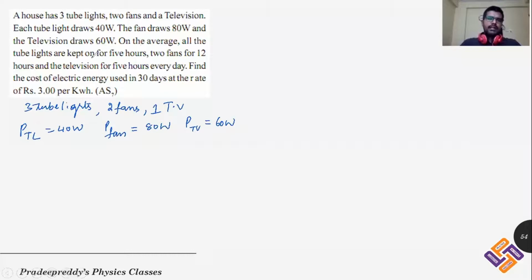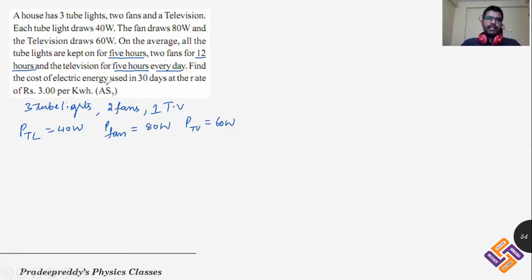On the average, tube lights are kept for 5 hours, the 2 fans for 12 hours, and the television for 5 hours every day. So every day these are operated: tube lights for 5 hours, fans for 12 hours and television for 5 hours.